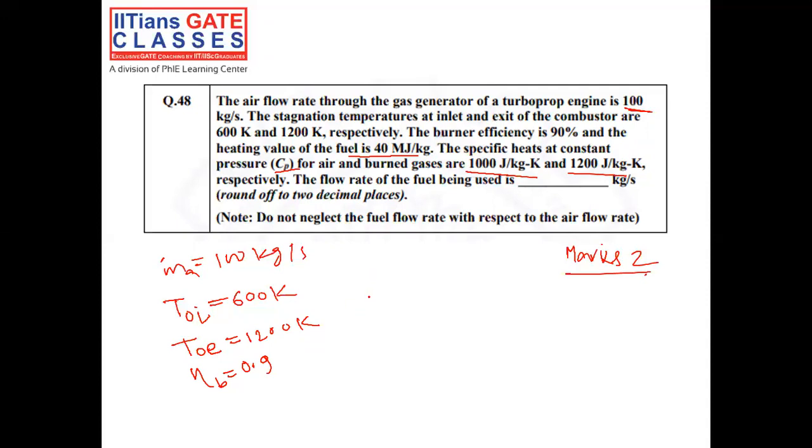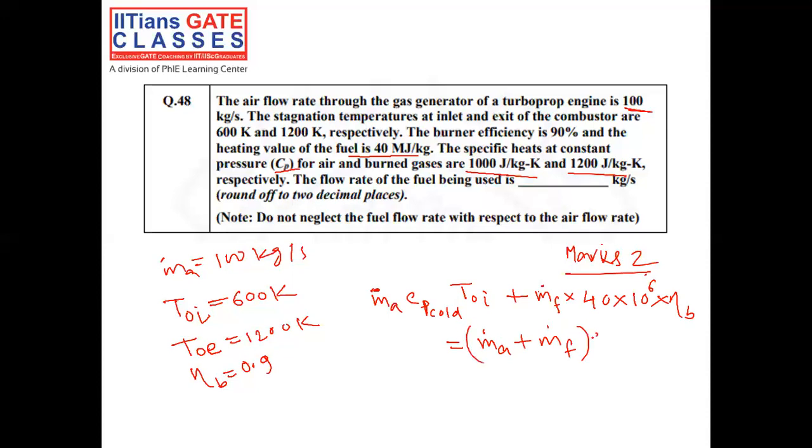So the total energy at the inlet of the combustion chamber is ma dot into Cp cold into TOI, plus the addition by fuel, which is mf dot into 40 into 10 to the power 6 into eta b, and this is equal to the total energy available at the exit of the combustor, (ma dot plus mf dot) Cp hot into TOE.